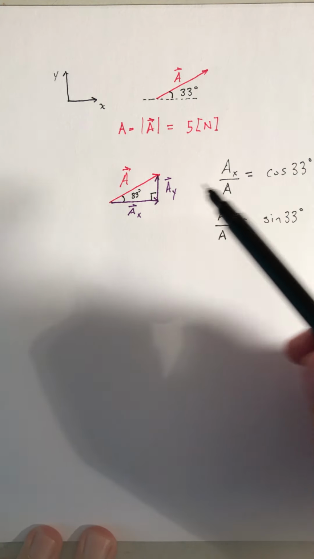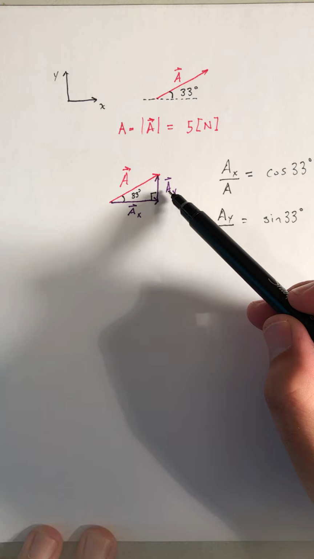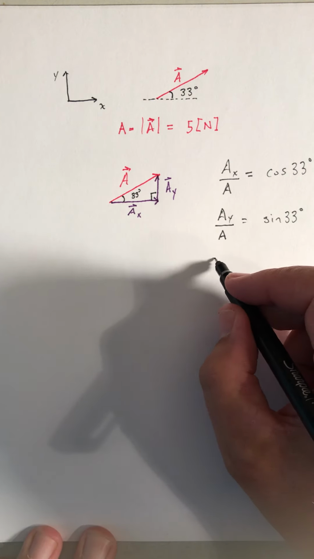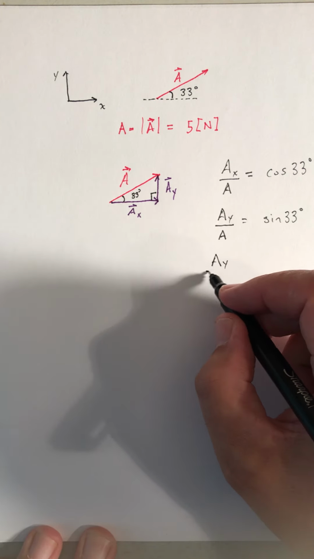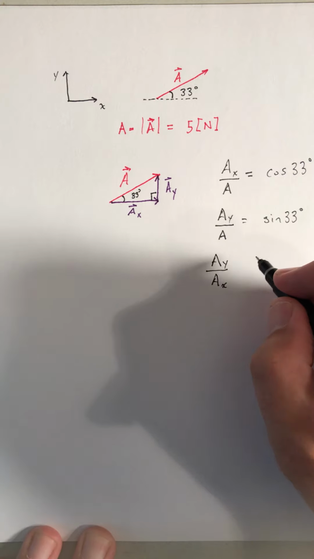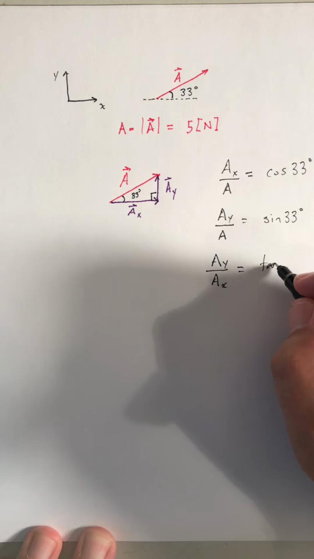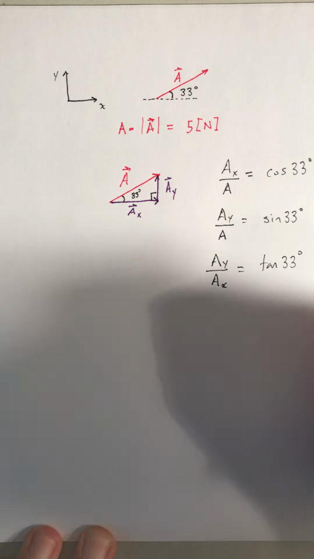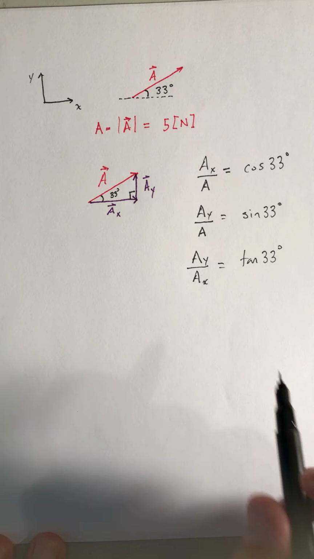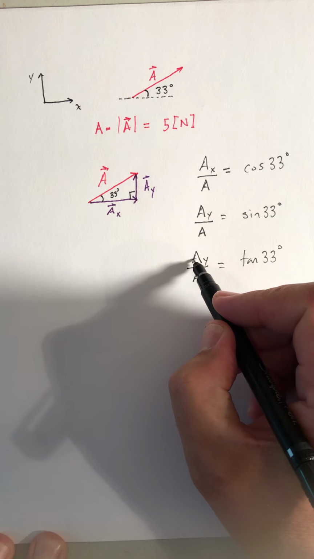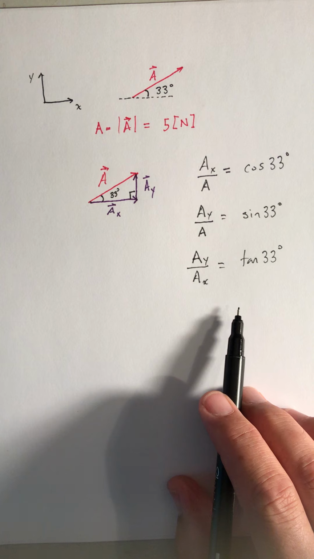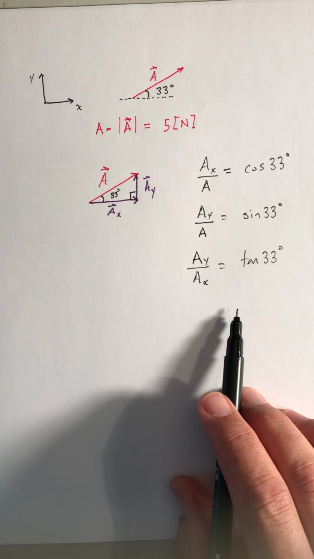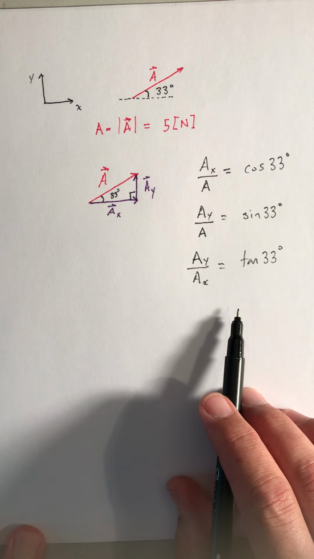Just for completeness, opposite over adjacent would be tangent. So A y over A x would be tangent of 33 degrees. We're not going to use that in this particular problem, but I thought I'd throw it in there so you can see your old friend tangent.